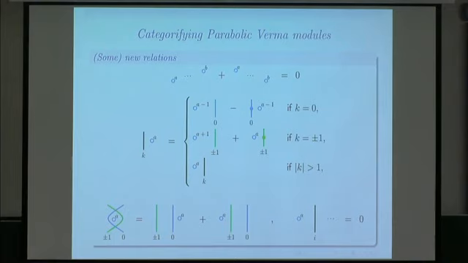The second tells you how to slide floating dots through strands. See here the labels are changing. And this is in the case of the parabolic we fixed. Adjoin all f's except f0.